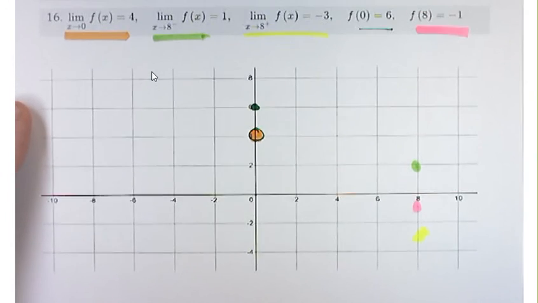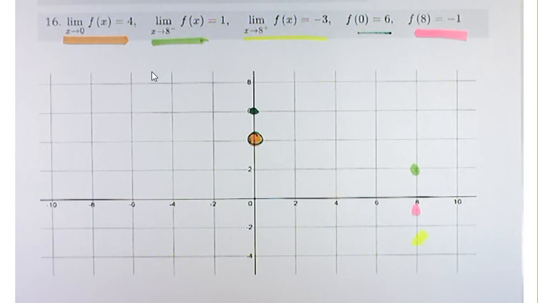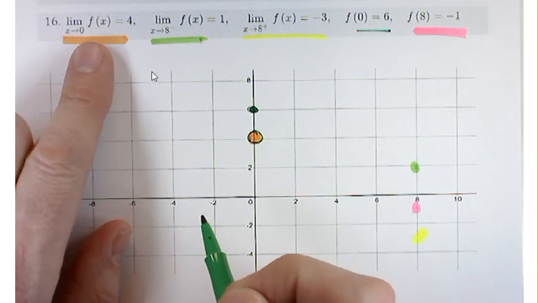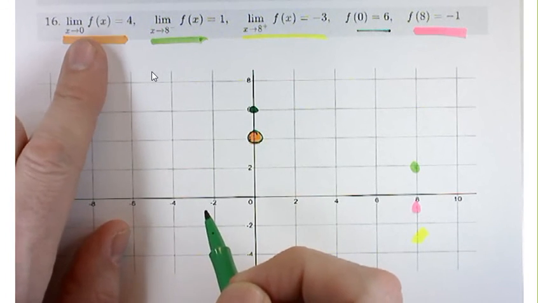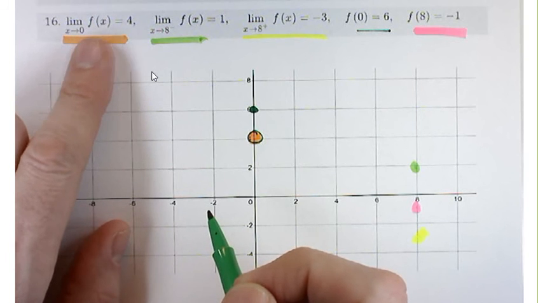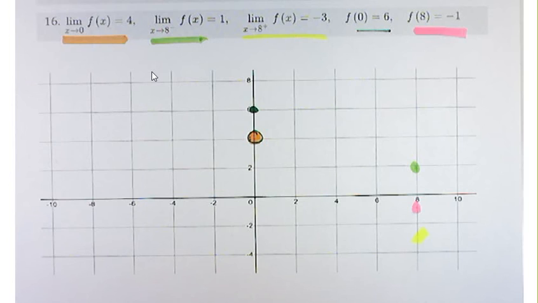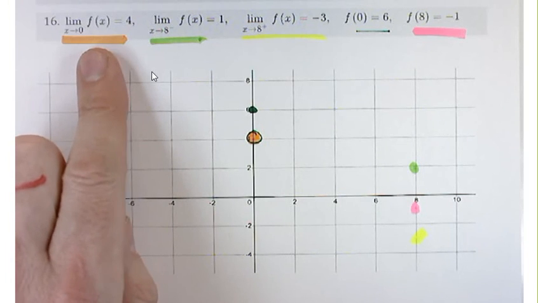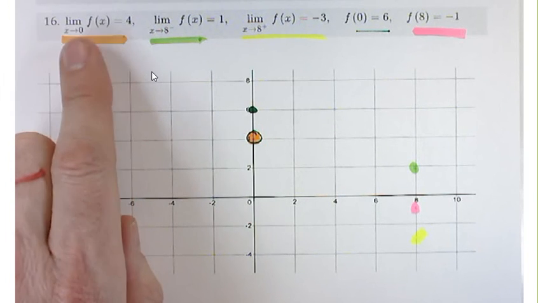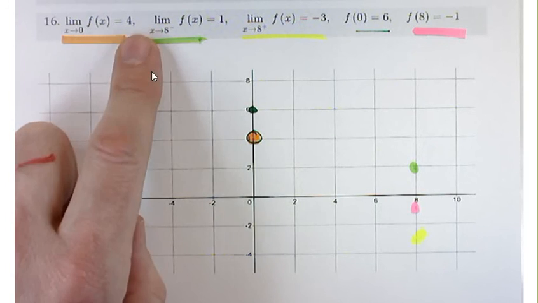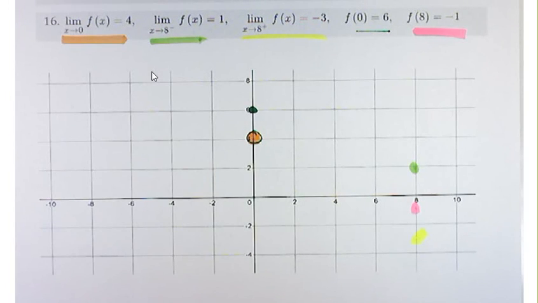So let's see if we can't draw something that matches all of this stuff. The first part of it is this, that the limit as x approaches 0 of f of x is 4. Now they're not talking about the limit from the left and the limit from the right. They're just saying the limit of this function as x approaches 0 is 4. So that means the limit from the left and the limit from the right have to be equal.